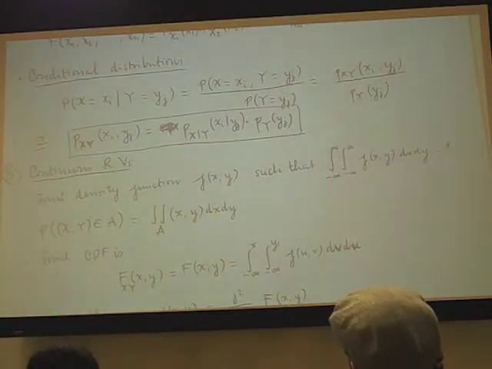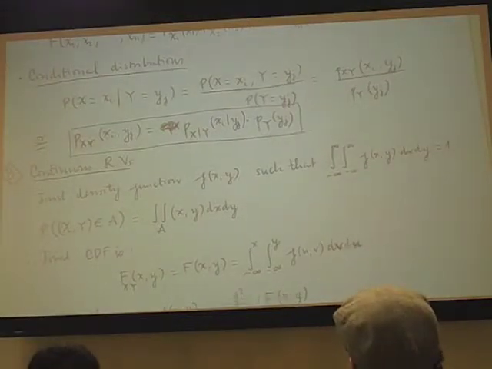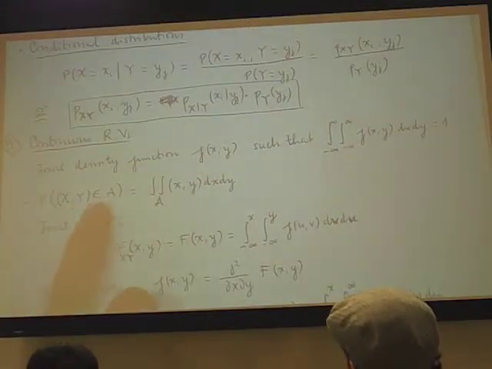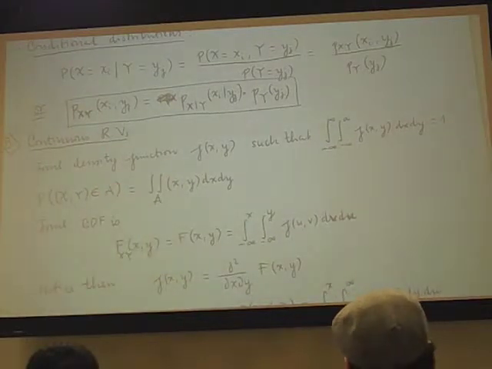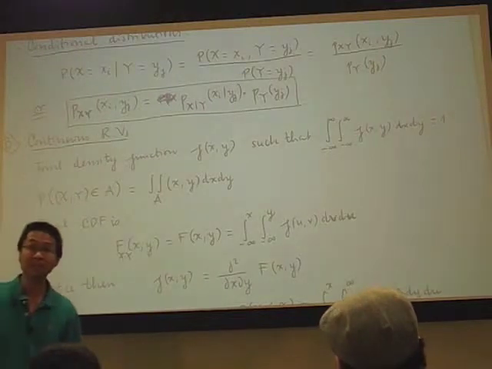Of course, for it to be a density function, I integrate over the region right there. It's got to give me 1, right? And if you want to compute the probability of (x,y) in some set A, you just have to double integrate that one over that set A, correct?